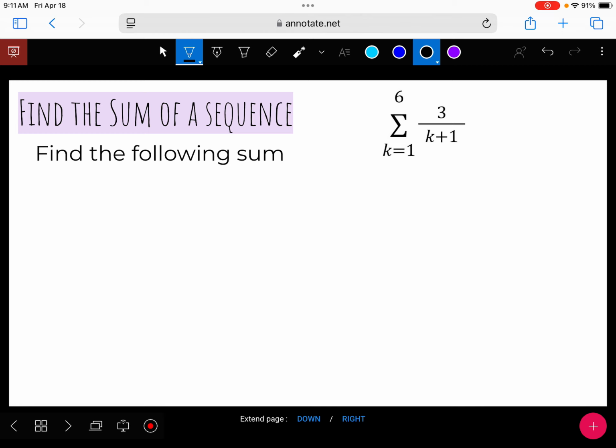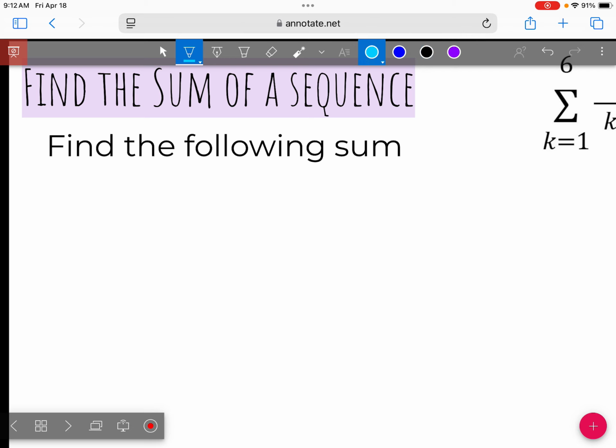So here we go. Here's our last one like this before I show you the next bit. So we've got the sum from k equals 1 to 6 of 3 over k plus 1. We're going to go from k equals 1.